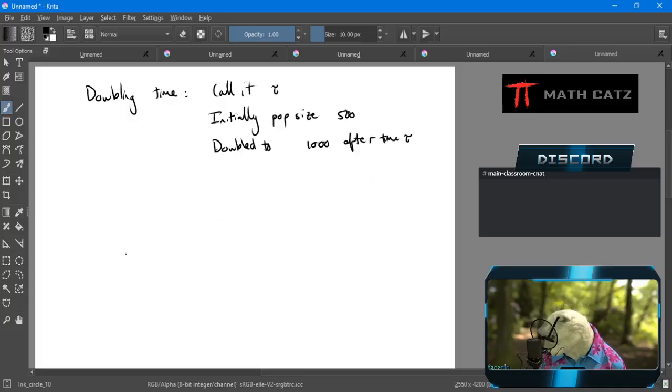In this case, it was 6 months, but it might not be, right? If we want to find that doubling time, this means that y of this doubling time period is 2 times 500.